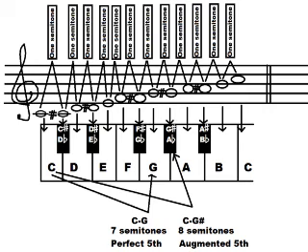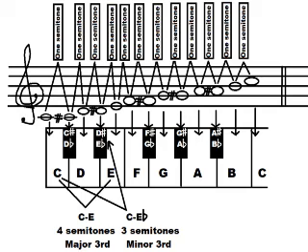Let's look at thirds. This is a major third. C to E is a major third. C to E flat is also a third, but we want to know what kind of third it is, because we already know that C to E is a major third.